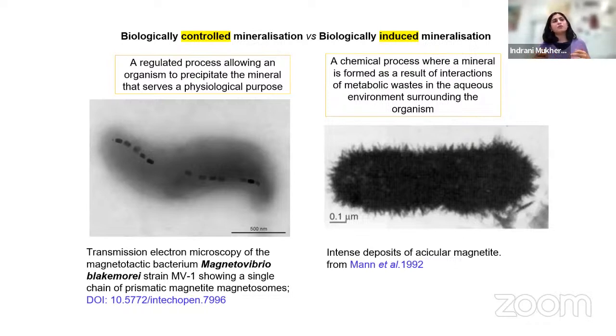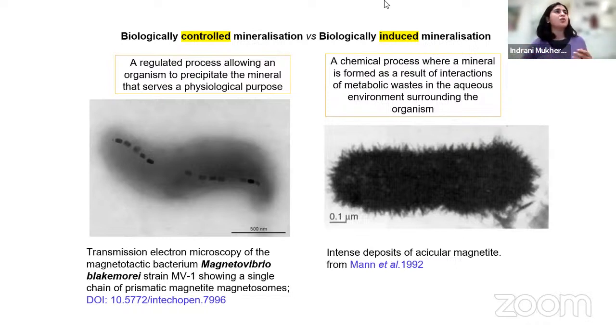But I want to go through some basics first, just to show you how deep the problem is. Biology, as we know, can induce mineralization. They precipitate minerals for all sorts of things. But there are two main kinds: either biologically controlled or biologically induced. They can form the exact same minerals.